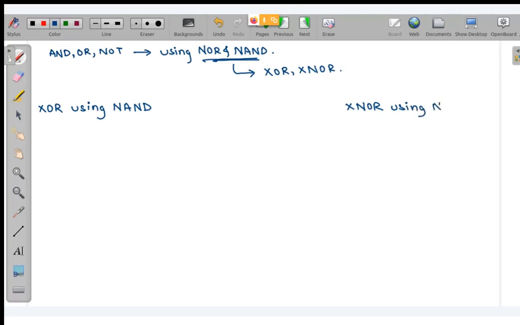How many NAND gates are required for constructing XOR, and for XNOR? Four. Okay, very good. It will be 4.